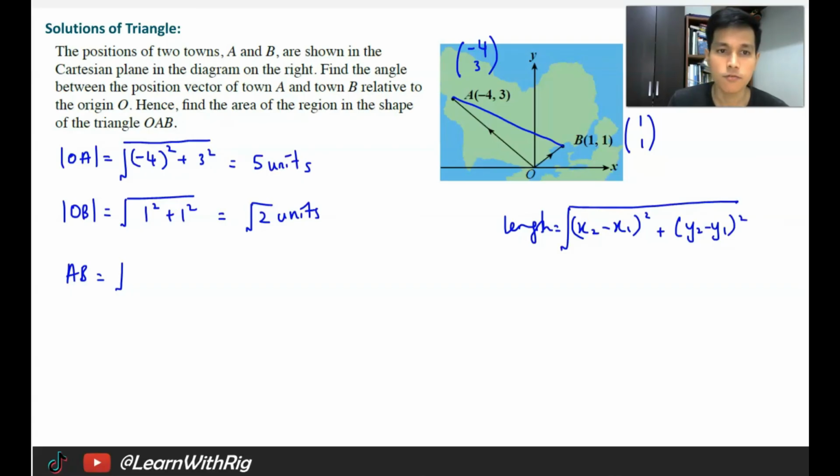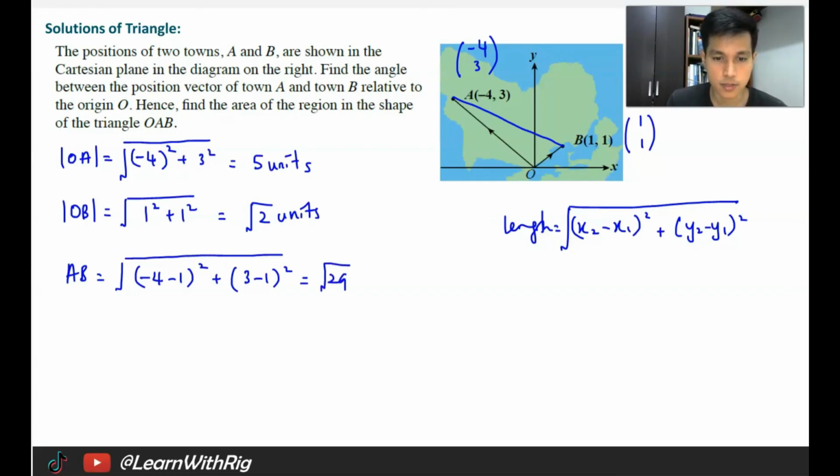Okay, this is the formula. So in this case, I'm going to use negative 4 minus 1 squared plus 3 minus 1 squared, then you square root the whole thing. Answer should be √29 units.